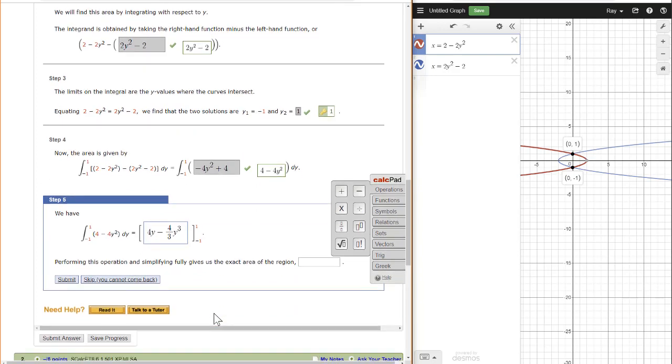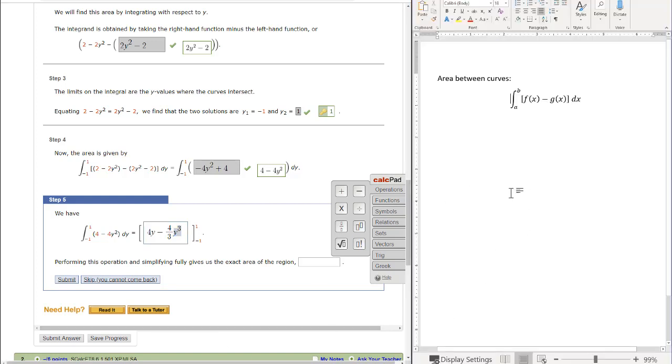We put in 1 and negative 1. If we put in 1, we're going to get 4 minus 4 thirds. That should be easy, right?